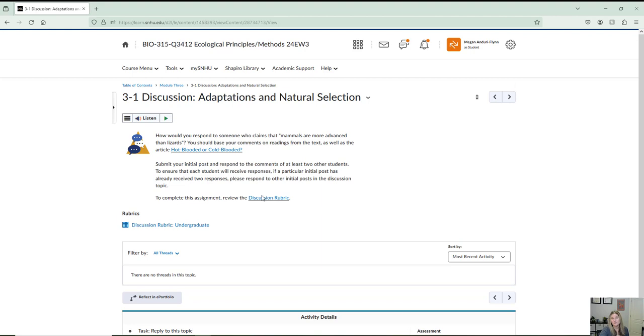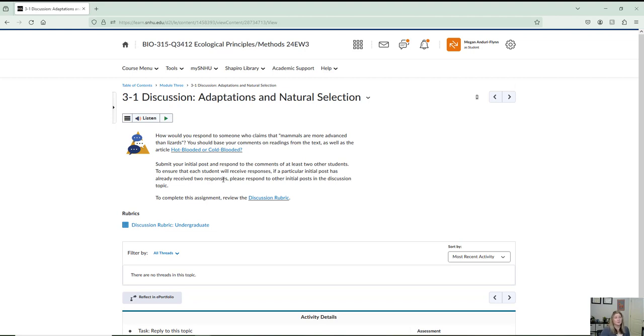And then of course you'll need to choose 2 students that have not received responses from their peers yet, or have less than 2 responses, and you're going to respond to them. In your response post, of course, you can address their opinion, and is it the same as yours? Is it different from yours?